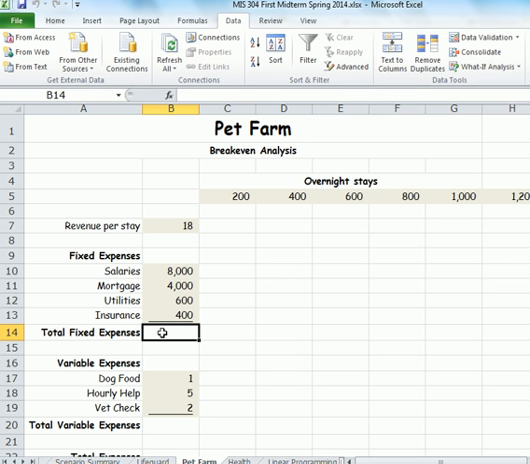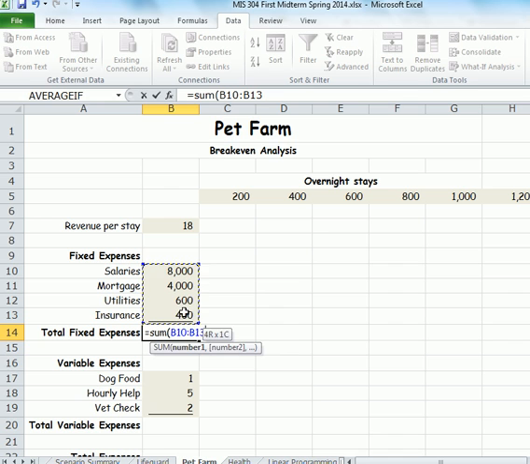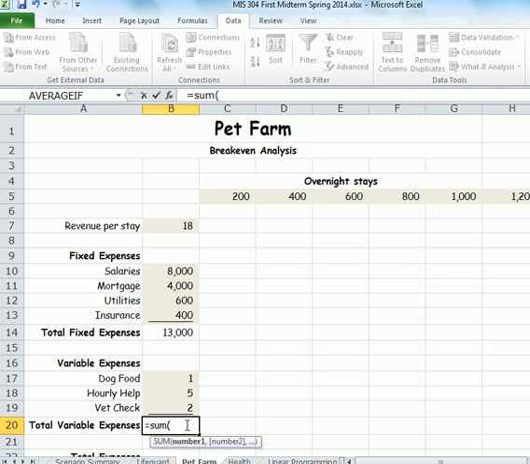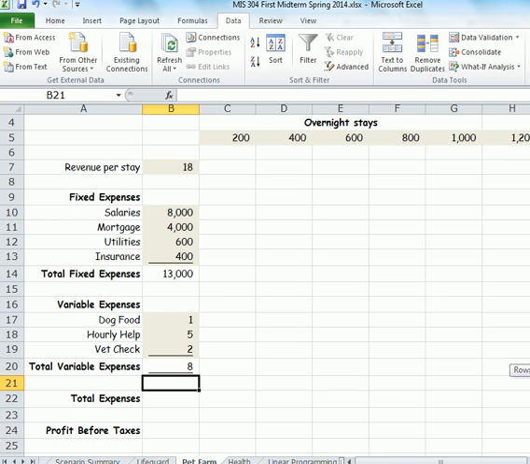So we are going to total the fixed expenses and total the variable expenses. It doesn't make sense to calculate the total expense and the profit for just one stay. You have to do it for the actual number of stays.